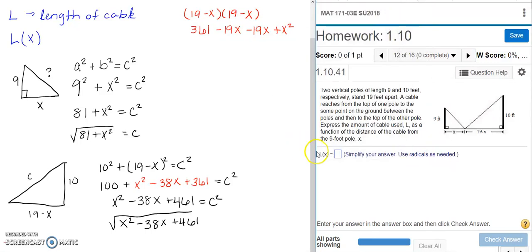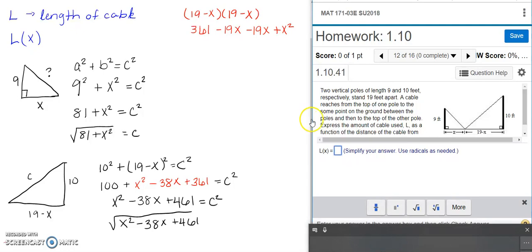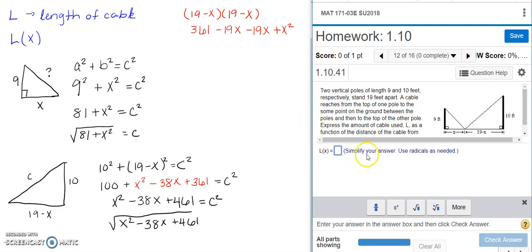So they want a function or a formula that represents the total length of the two pieces of wire added together, the total length. So when I'm typing this in, I've got the square root of 81 plus x squared, and I leave that square root, plus another square root of x squared minus 38x plus 461.